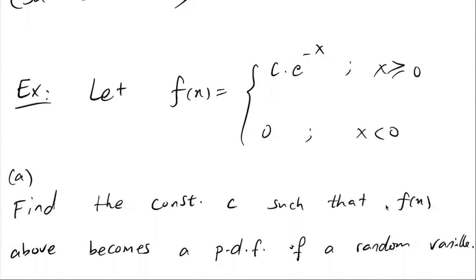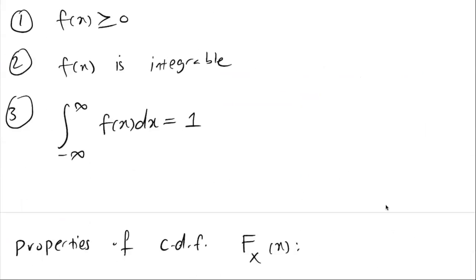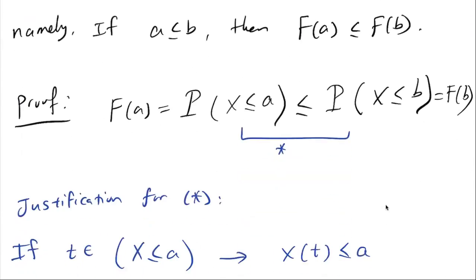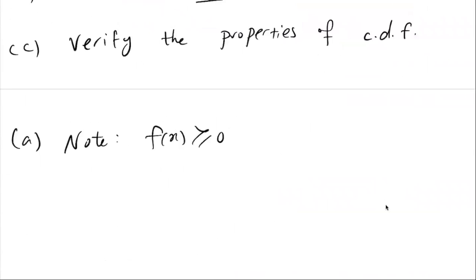So first of all, we need to find the constant c. How do we find the constant c? Well, we have to look at the properties of the PDF. The properties of the PDF say that, first of all, it has to be non-negative, it has to be integrable, and the whole integral has to be 1. For part A, note that f of x has to be bigger than or equal to 0.